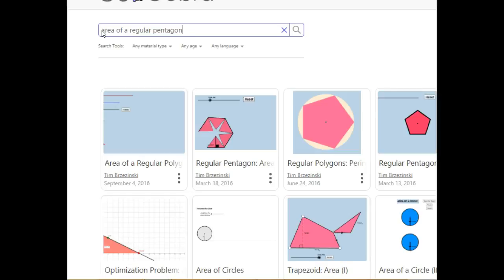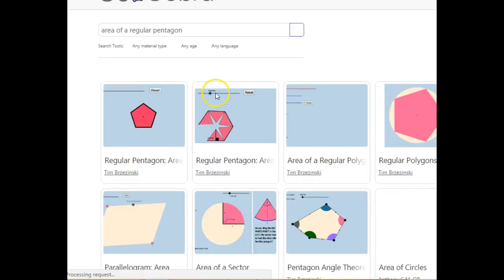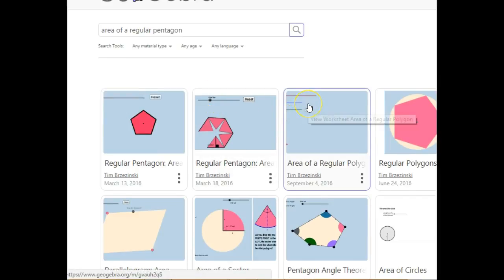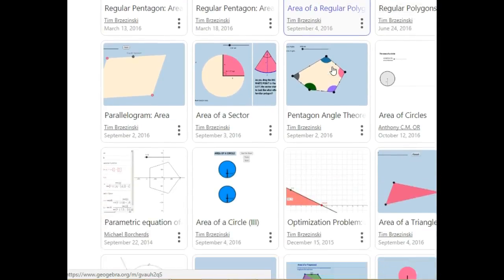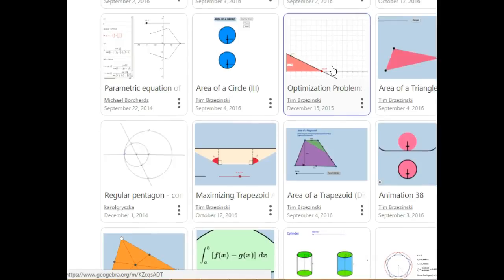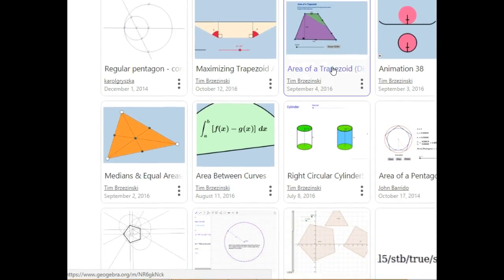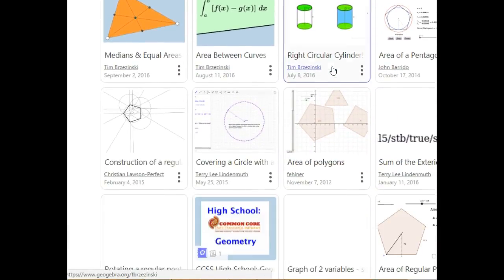Not as useful as the tiles, but I feel like it's kind of sent me down a rabbit hole with all of the other things that you can discover on GeoGebra. So I have a feeling that I will be spending a lot more time on here. This seems like a very handy tool to use.